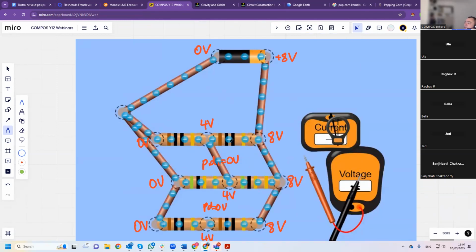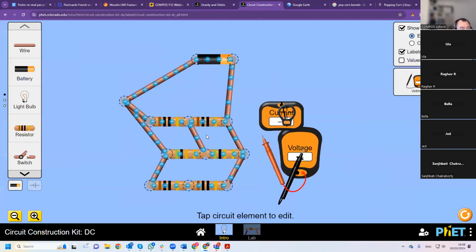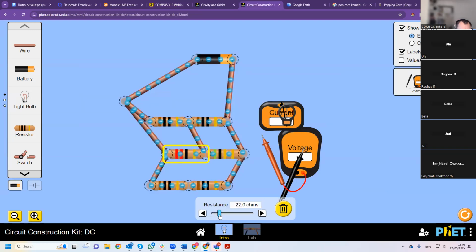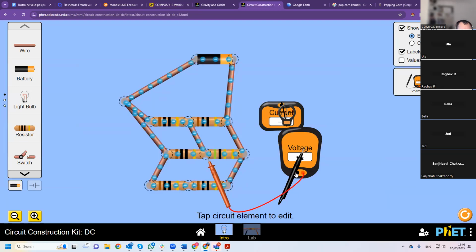Yeah, when there's no voltage difference, the electrons don't flow there. However, I have to mention that if this was 10 ohms, the electrons would flow, but as a result of them flowing, the potential difference would still be 0.